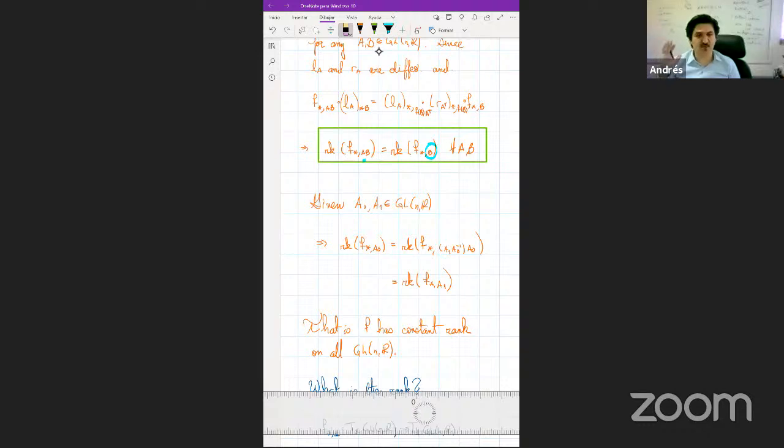It has constant rank. So with this, we have that O(n) is a smooth manifold.